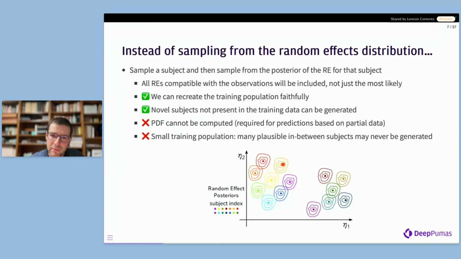I've plotted these posteriors by using some kind of contour lines around each EBE. Those represent the points that are compatible with the observation for that subject.